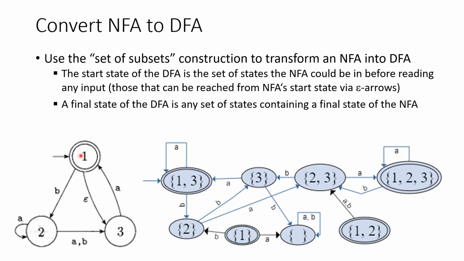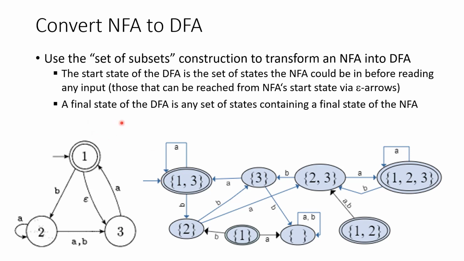That means the states that you can reach from the start state of the NFA via epsilon arrows. In this case, there's only the state number 3. So the start state of the DFA in this example is the subset consisting of just the state 1 and the state 3 of the NFA.